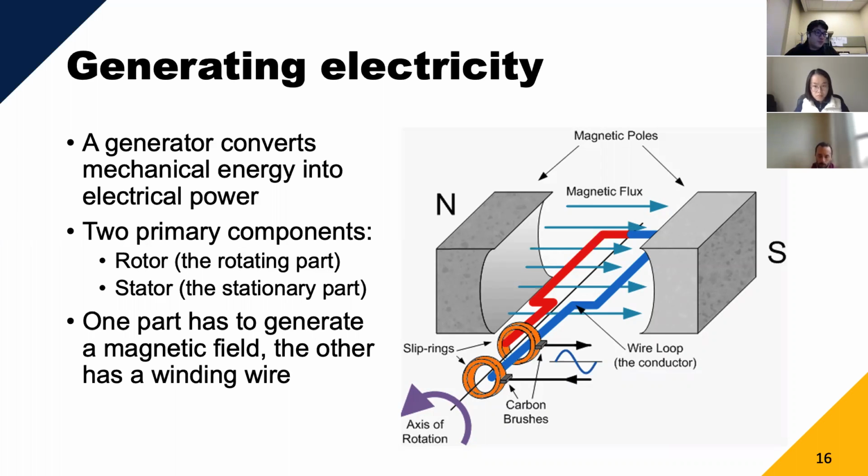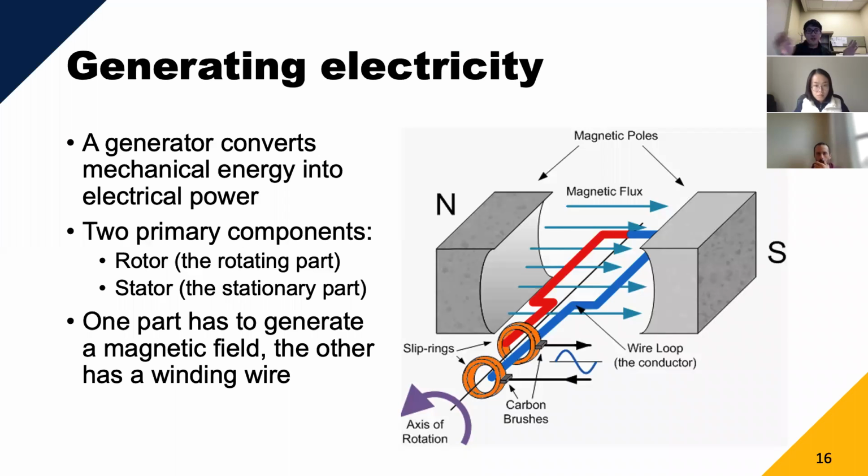Essentially, the way you can generate a magnetic field is by spinning this loop through a magnet. This is a way that we convert mechanical energy into electrical power.